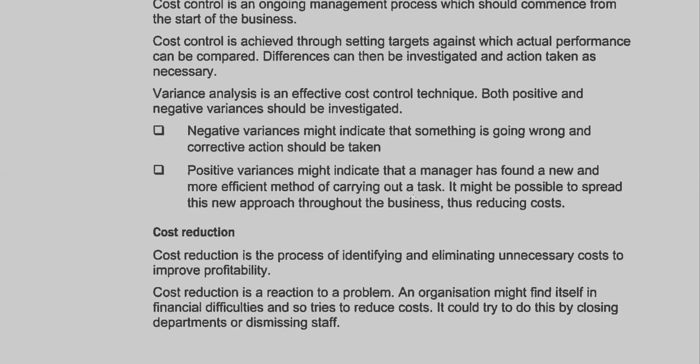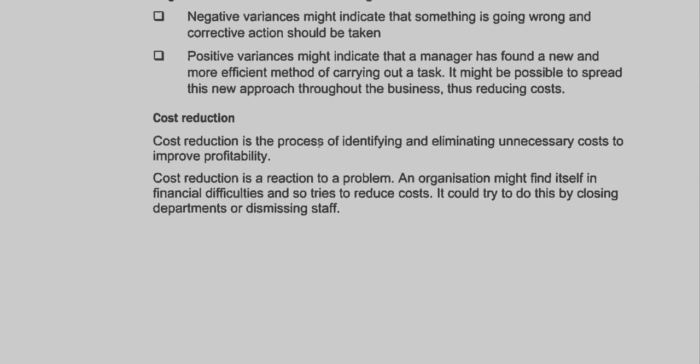So what then is cost reduction? This is the process of identifying and eliminating unnecessary costs to improve profitability. Whereas when we saw cost control, it had to do with what? Controlling your cost, setting priorities. You get the idea.